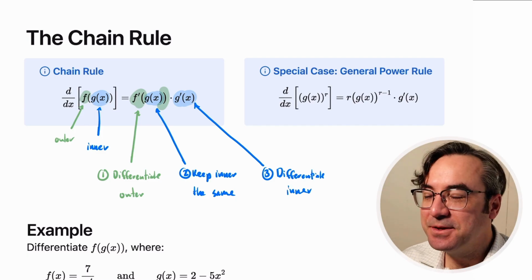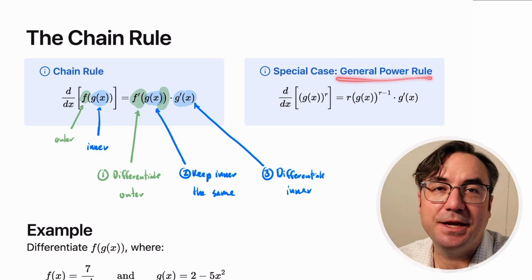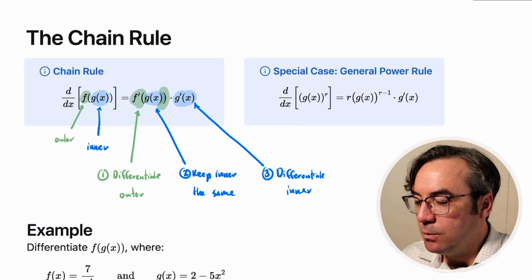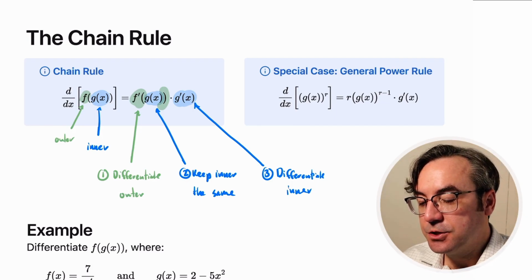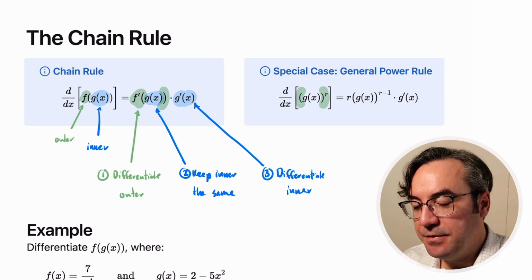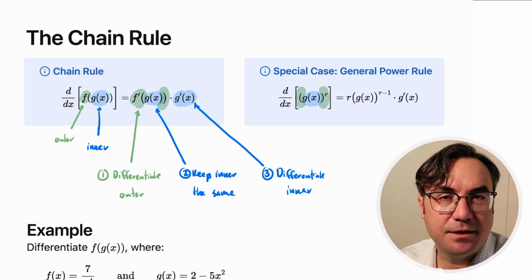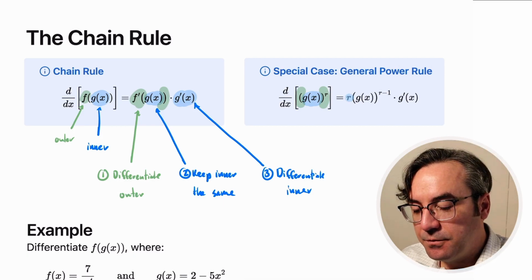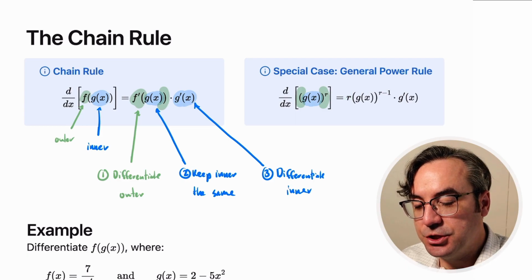And this is precisely what we've seen in the special case that we called the general power rule. So what did we do in our general power rule? Well, the outer function was the power function, and the inner function was all the stuff inside the power function. The first step was to differentiate the power function just like regular.